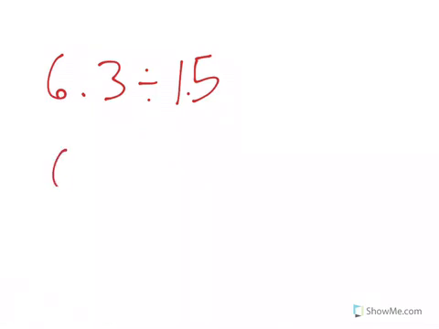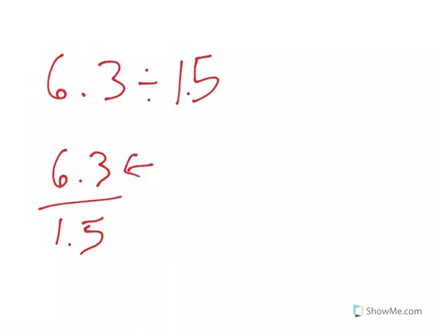All right, so again, I'm going to rewrite it, 6.3 over 1.5. And what I need to have happen here is I want to give myself an easier number to work with. So if there's nothing that you're seeing here that you're thinking, well, what can I do? I'm going to always try to make my denominator into a whole number because it's easier to divide by a whole number.